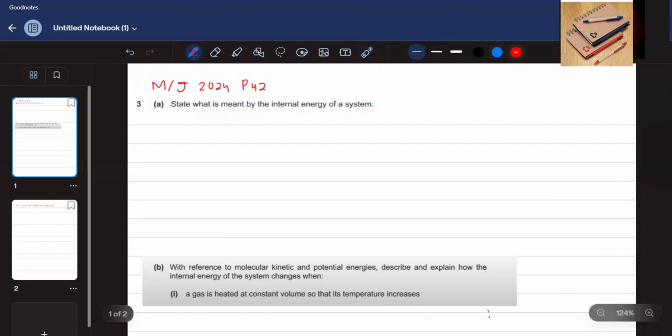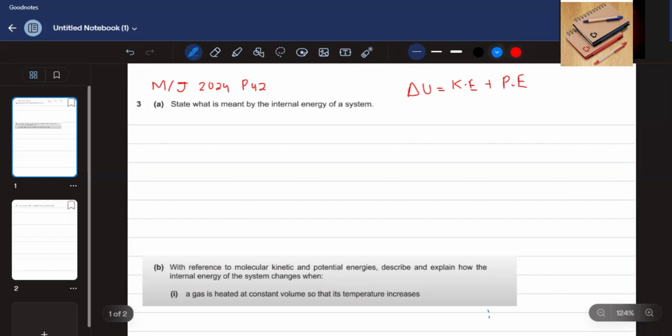So as you already know, the internal energy has a formula: delta U equals KE plus PE. So let me write the definition of this internal energy.